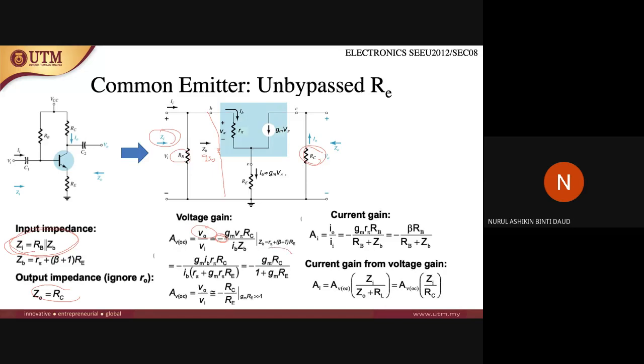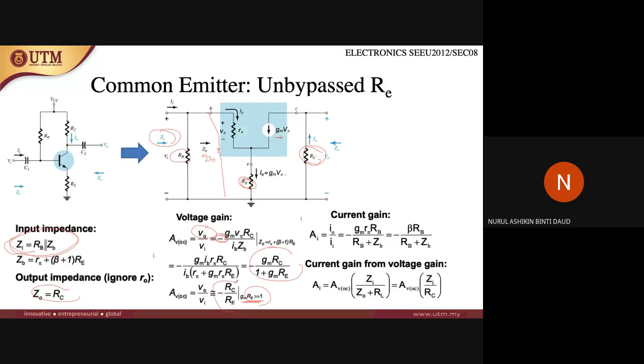There is a condition where gm times RE is more than 1.